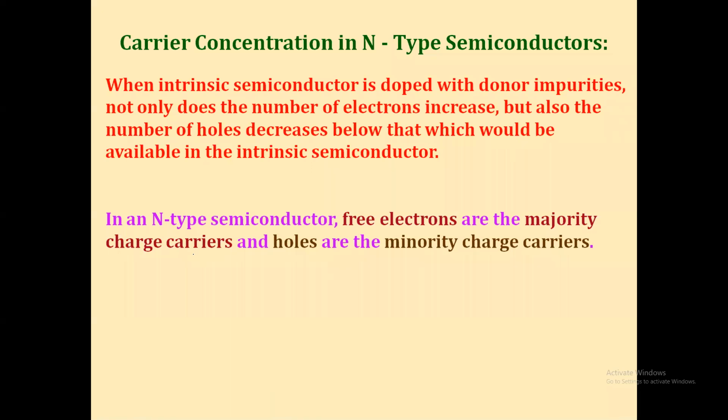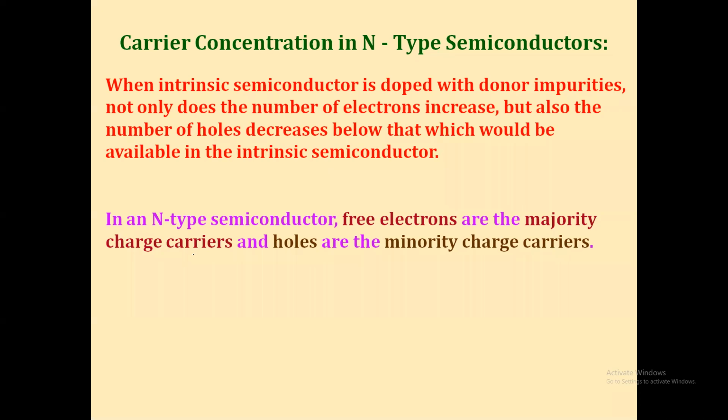It means that the number of free electrons in the n-type semiconductors is very large, so the free electrons for n-type semiconductors are called majority charge carriers, and the holes are very small in number. That's why the holes for n-type semiconductor are called minority charge carriers.